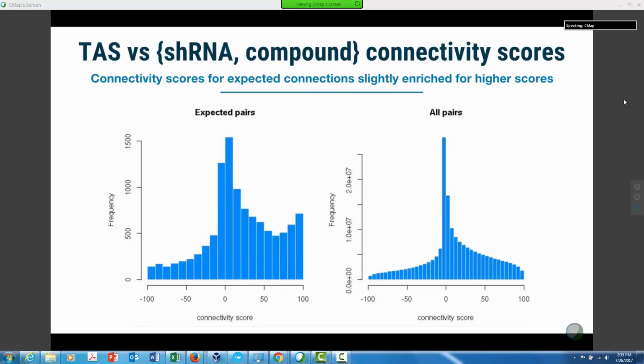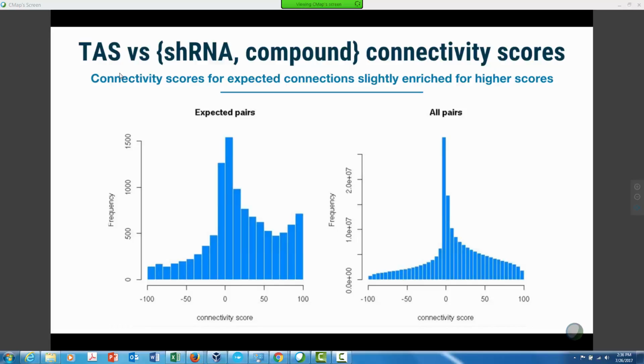So as a last validation for this cohort, I queried them against the signatures that we already had profiled in the same genes. First, we want to make sure that TAS, our signature strength metric, tracks with connectivity scores.